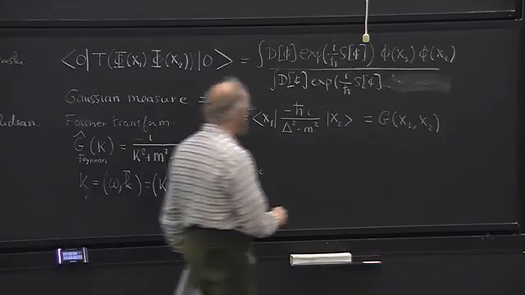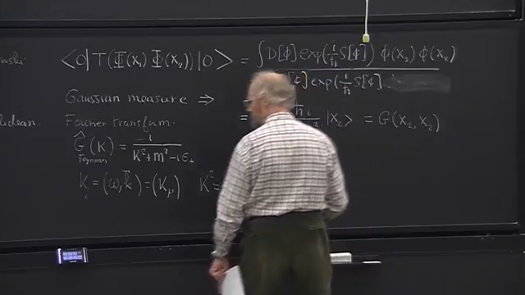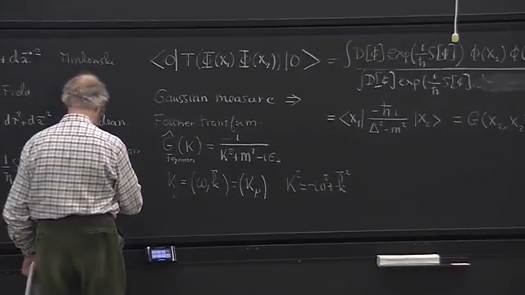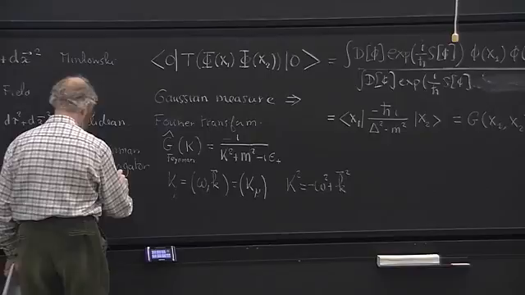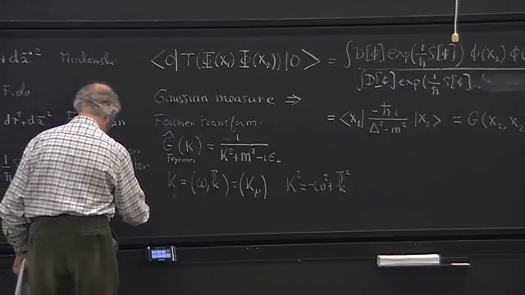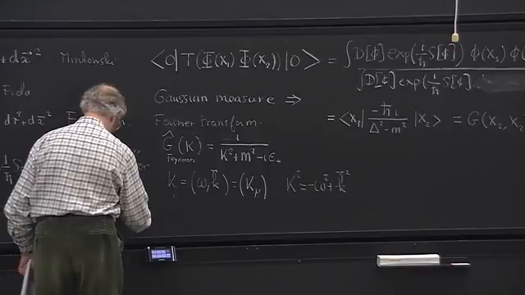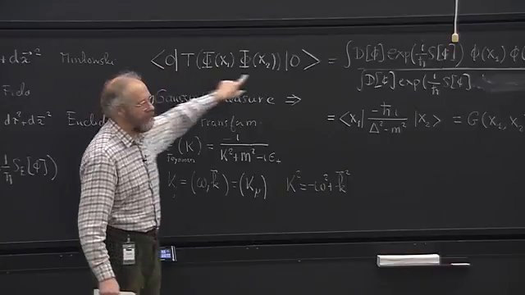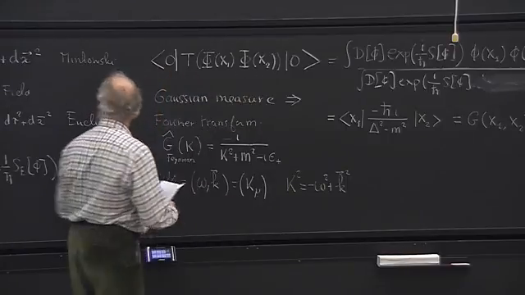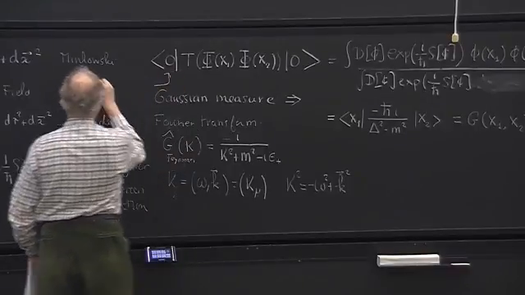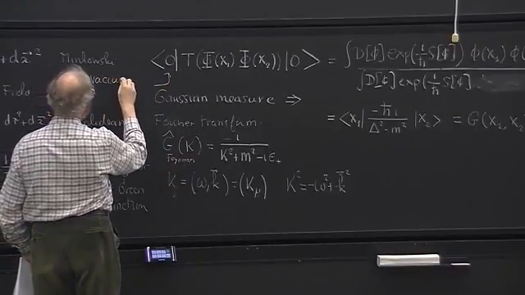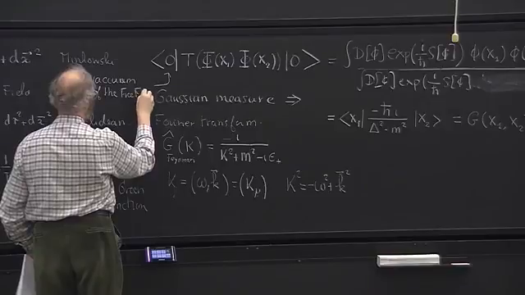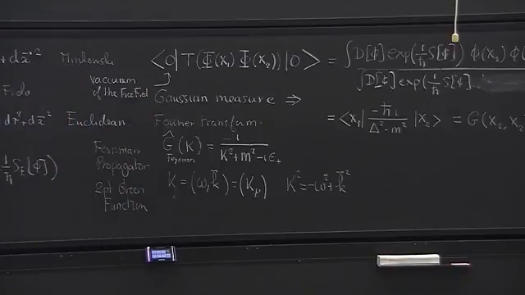So this function is called the Feynman propagator, or the 2-point Green function, because it corresponds to this matrix element between the vacuum of this time-ordered product of operators. And of course, omega naught, this is the vacuum, the ground state of the free field system. Okay?